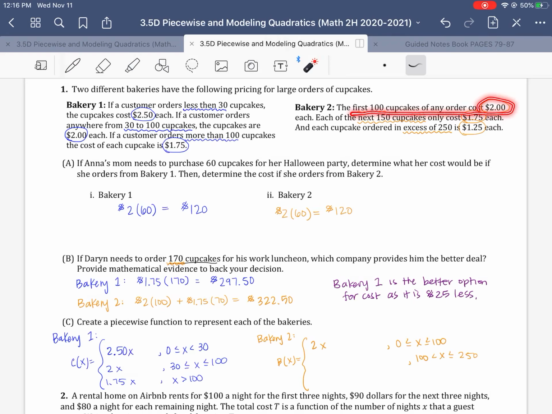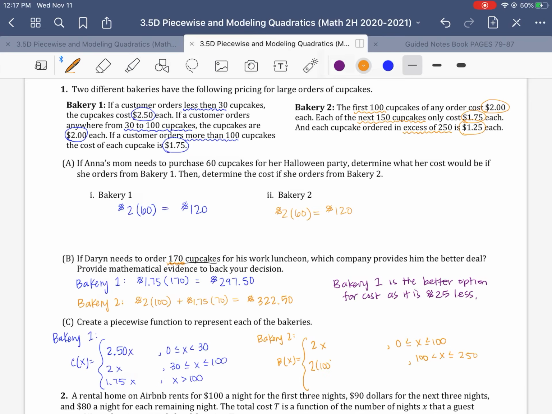Now remember that the first 100 cupcakes of any order are $2, so you have to make sure that you account for the first 100 being $2. So just like we did here with Bakery 2, we would say 2 times 100 plus 1.75 times all the rest of them. So essentially the way we would write that, and I'm going to write it out on this one, I'll show you how to simplify it on another one.